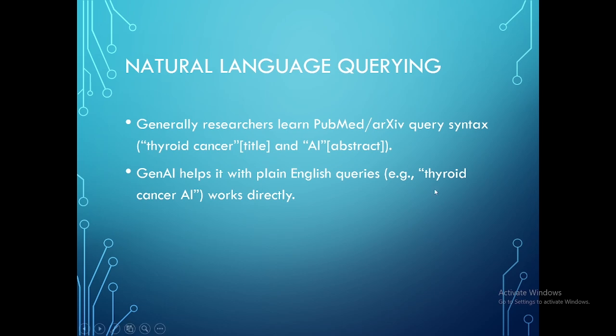In this case, in PubMed and arXiv, you have to give thyroid cancer title in AI abstract. But GenAI works directly on plain English queries. You don't have to be specifically careful about spellings or syntaxes given in a proper format. Just write whatever you want and then it gives you the result.